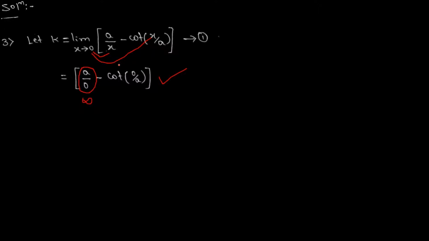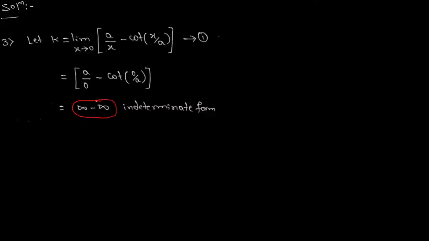And here we know tan 0 is 0. So cot 0 will be infinity, because cot is nothing but 1 by tan. So the form which we got on putting the limit is infinity minus infinity, which is indeterminate form.